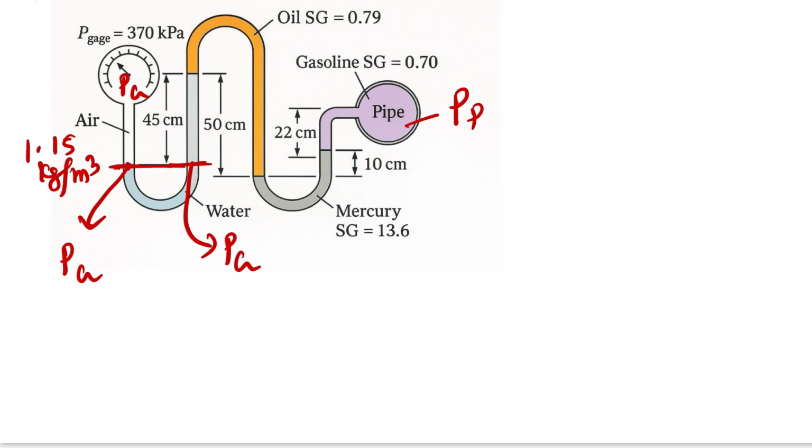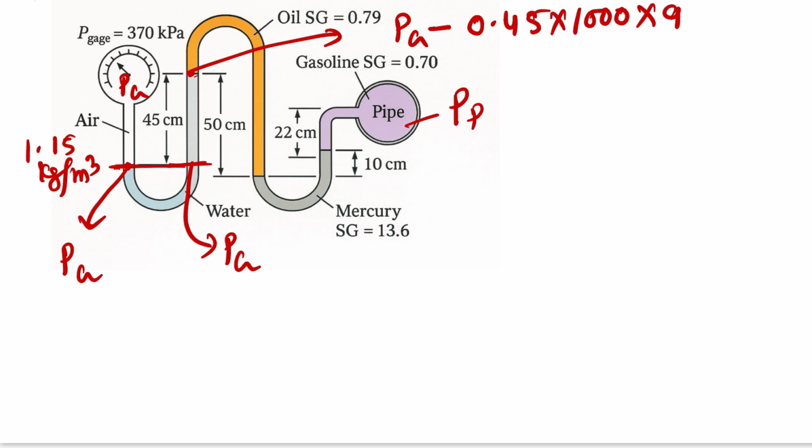Now if I go in the upward direction, the pressure will decrease. So at this point the pressure will be PG minus 45 centimeter. Converting 45 centimeter to meter gives 0.45. The density of this fluid, water, is 1000, and g is 9.81.